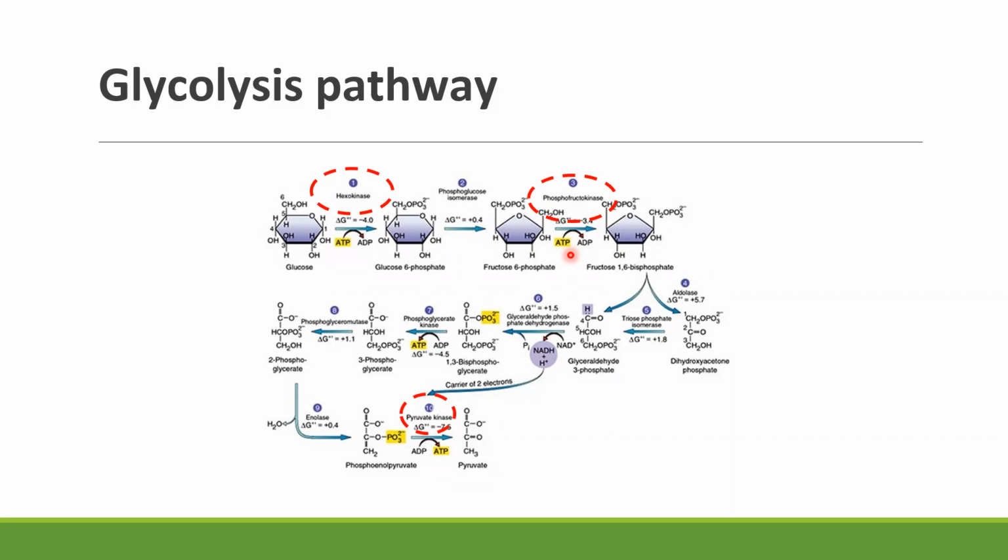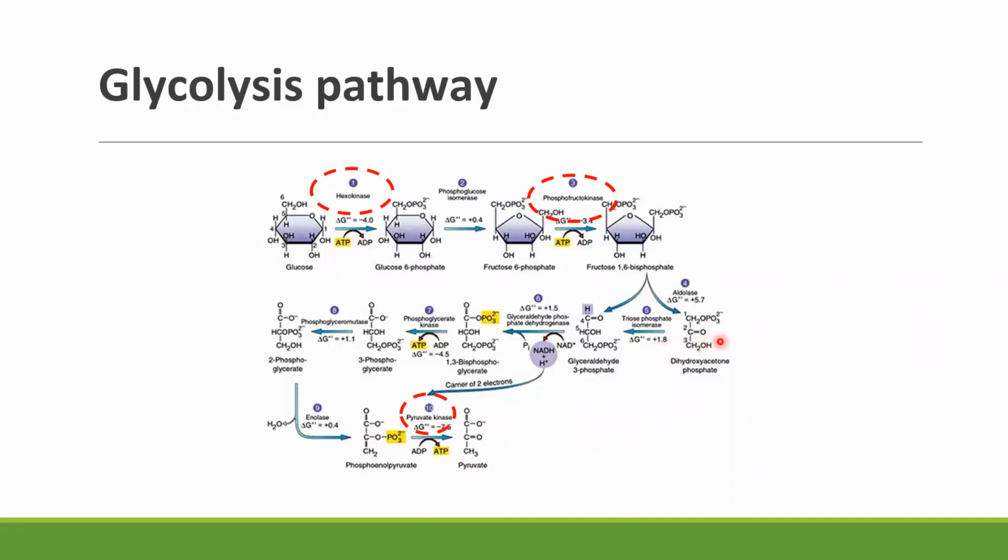So fructose 1,6 bisphosphate will give me dihydroxyacetone phosphate and also glyceraldehyde 3 phosphate. So until now I have one glyceraldehyde 3 phosphate and one dihydroxyacetone phosphate.